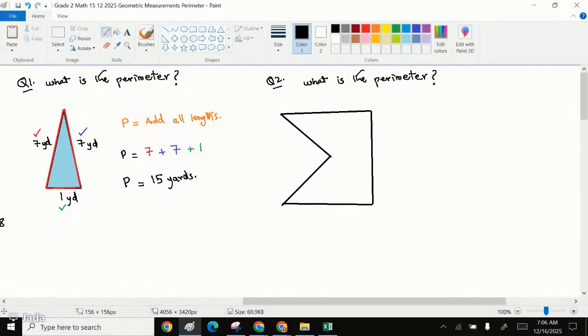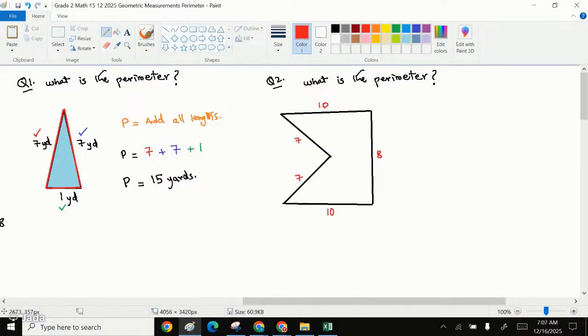This is something like the shape we have in question number 2. So now let's label the shape. They say if this is 10, this was 8, this was again 10, and this length was 7, and this length is 7.